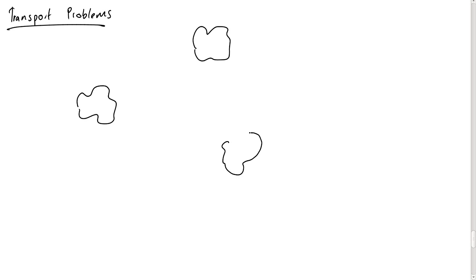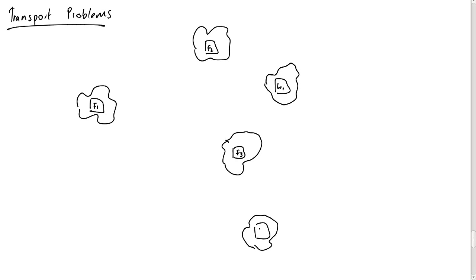You can think of this basically as whatever you like, and on each of these islands I have a factory, factory 1, factory 2, and factory 3. And also in our sort of network of islands, we've got some warehouses or some shops where we're going to sell or store what we're making in our factories. Just say I've got 2 warehouses on these 2 islands here. Okay, so factories and warehouses.